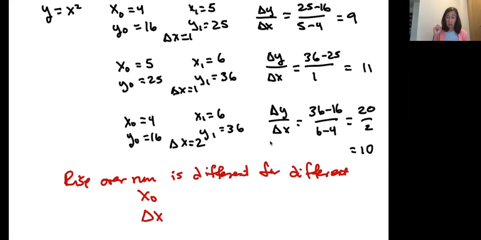So one thing we want to ask, I think I'm going to focus on the second thing. Let me back up and say why I'm not going to focus on the first thing. The fact that rise over run is different depending on what x value we pick, that's actually a good thing.